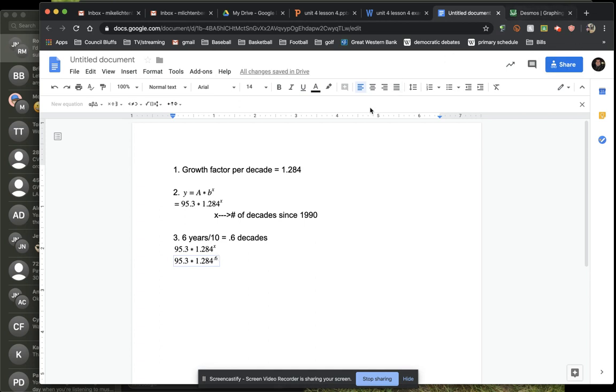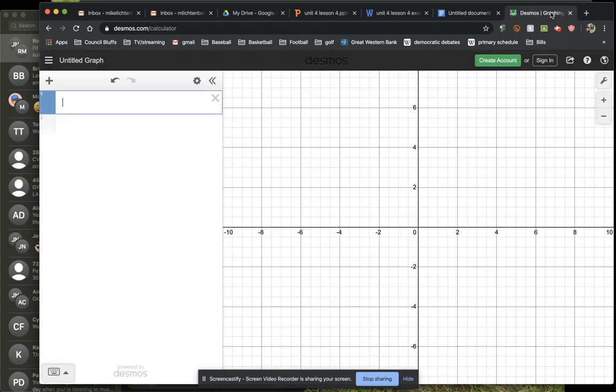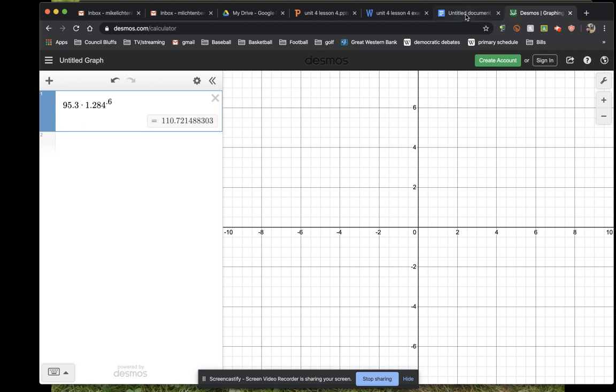Okay, so I can go ahead and put that into Desmos. Let me see if this will work. So 95.3 times 1.284 to the power of 0.6. And we'll go ahead and round that to 110.7.